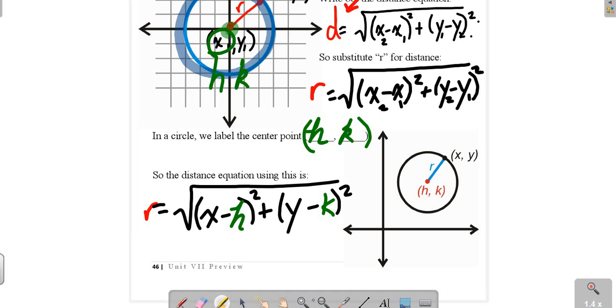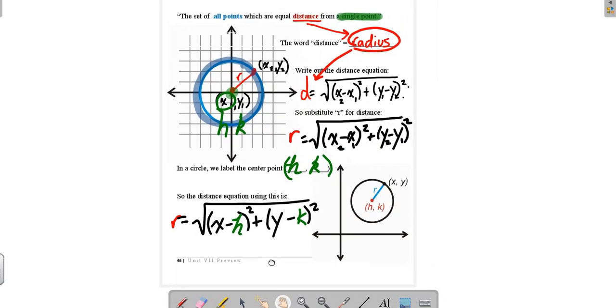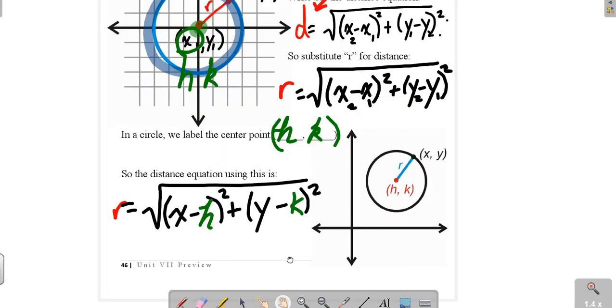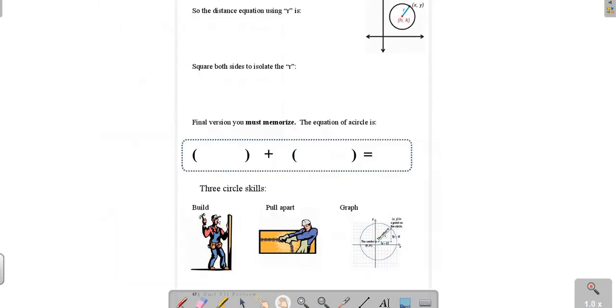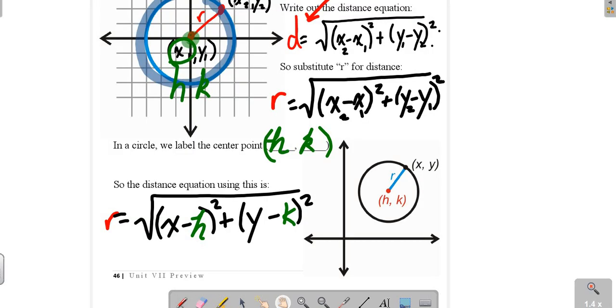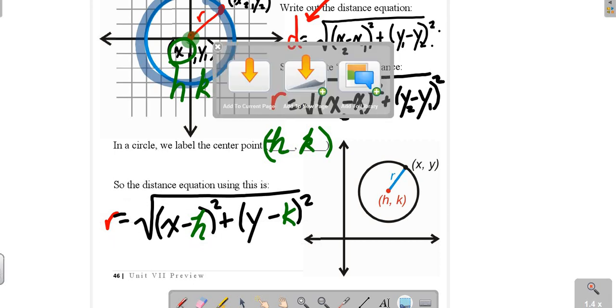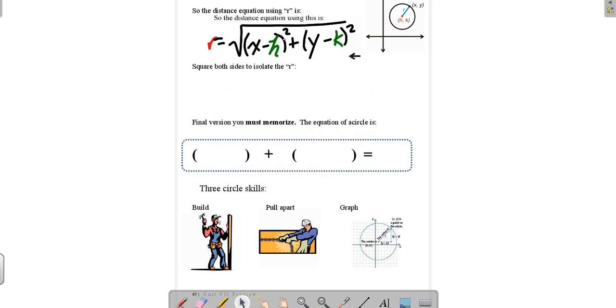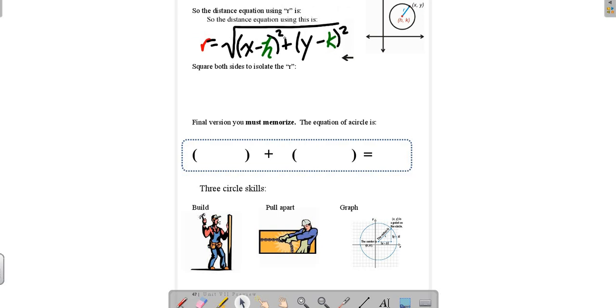All of this is based on the definition of a circle, in which we say a circle is a set of all points which are equal distance from a single point. That's why we're using the distance equation. So far, this is the equation we have. Go ahead and recopy it to this page. That's what we used.